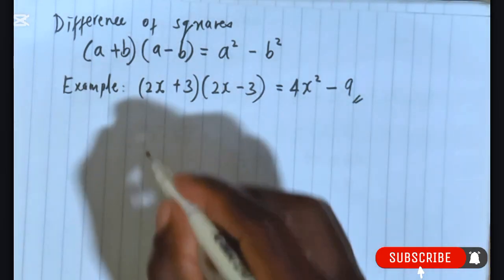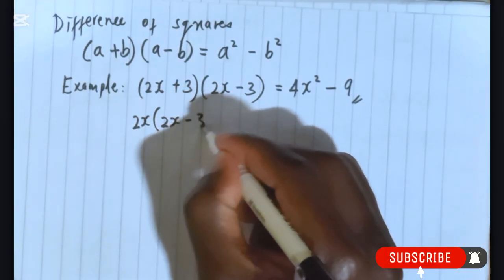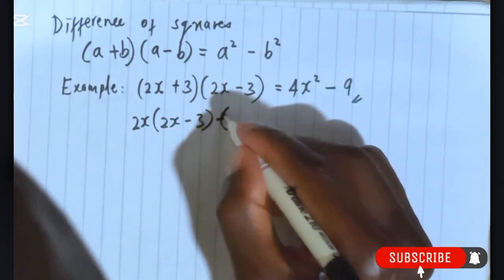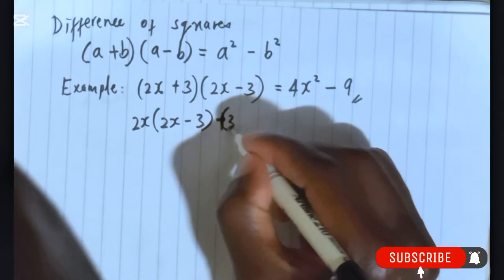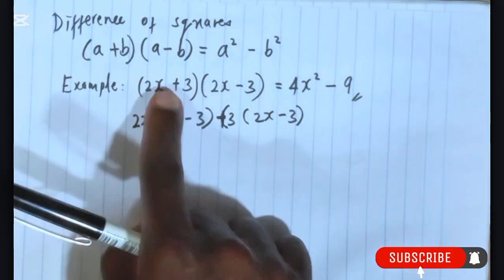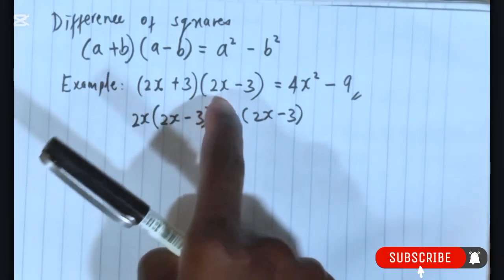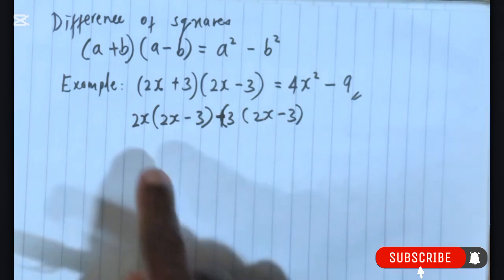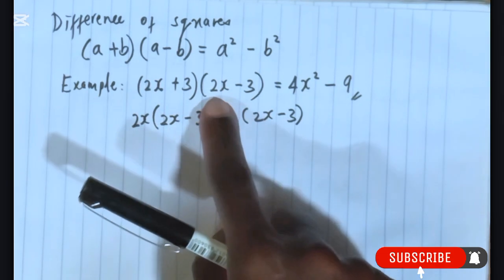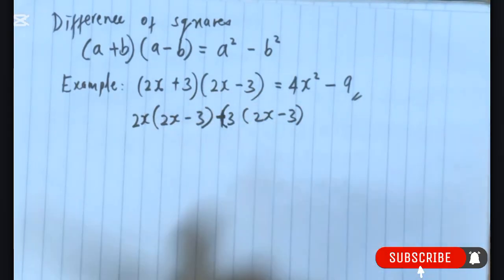In this case, I'll have 2x into 2x minus 3, plus 3 into 2x minus 3. So I have broken the terms in the left-hand side, and I've maintained the bracket on the right. Basically it is 2x multiplying the bracket on the right, 2x minus 3, plus 3 multiplying 2x minus 3.